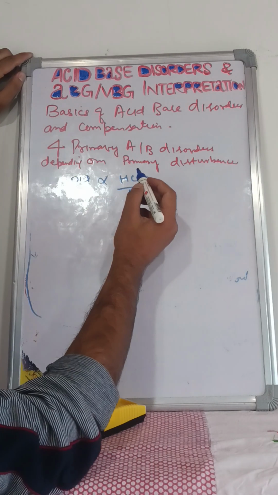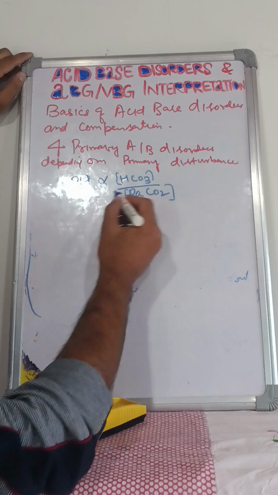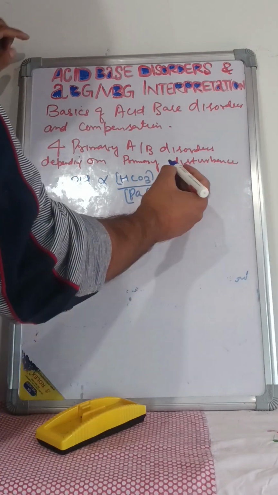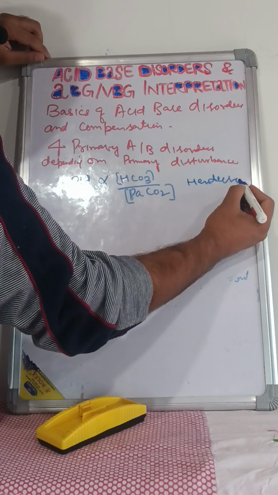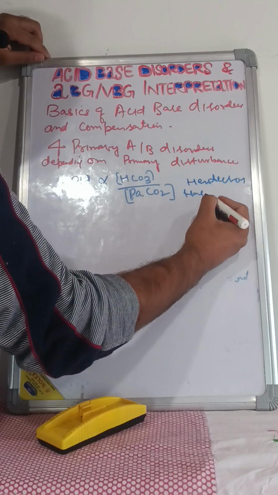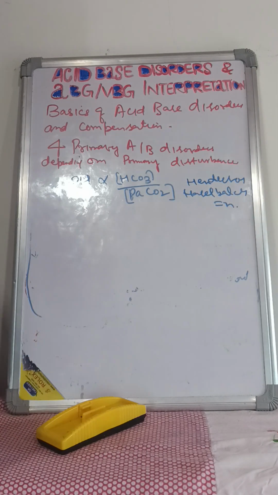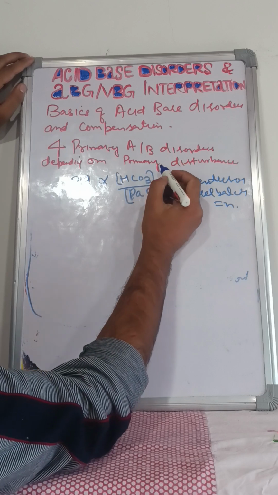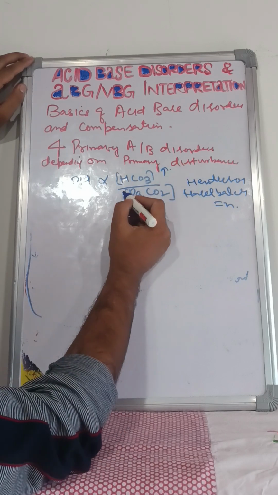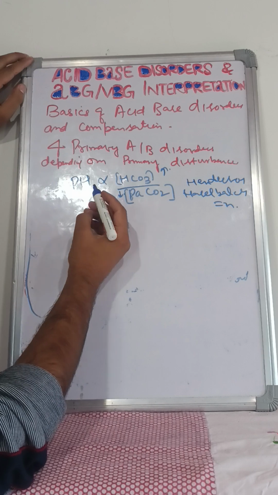This is the basic relation from the Henderson-Hasselbalch equation. So either the bicarbonate concentration can change or PaCO2, the partial pressure of carbon dioxide, can change.